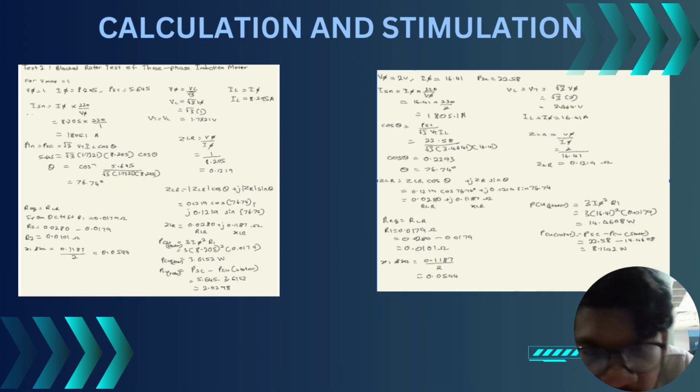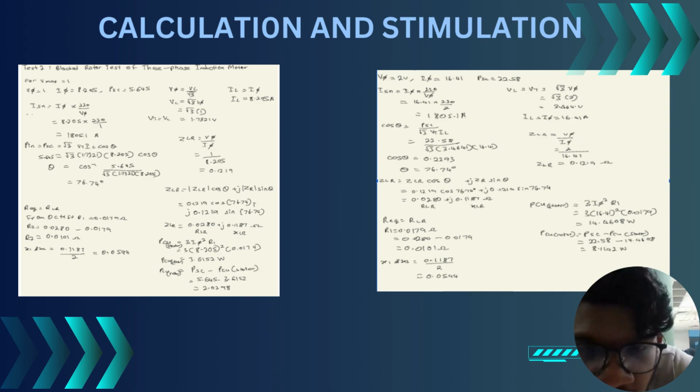2.0297. So these are for voltage maximum equals 1, and the same method we're going to use for voltage maximum equals 2. For voltage maximum equals 2, the voltage phase is 2 volts, I phase equals 16.41, power synchronized equals 22.58. We use the same method, same formula here also.